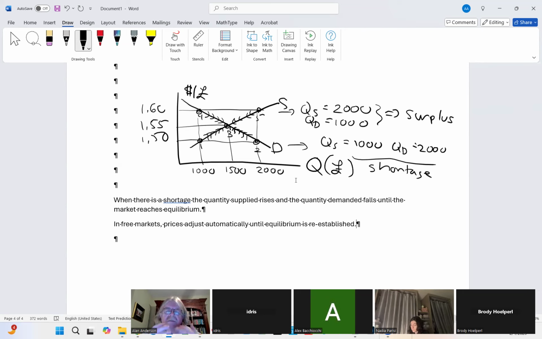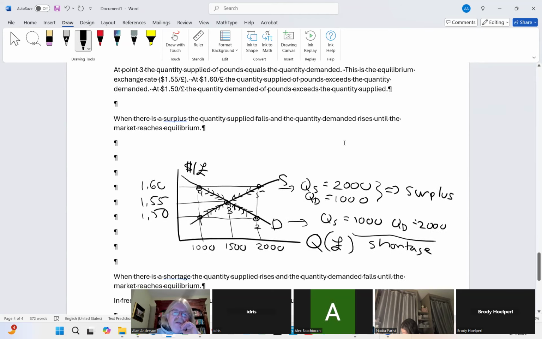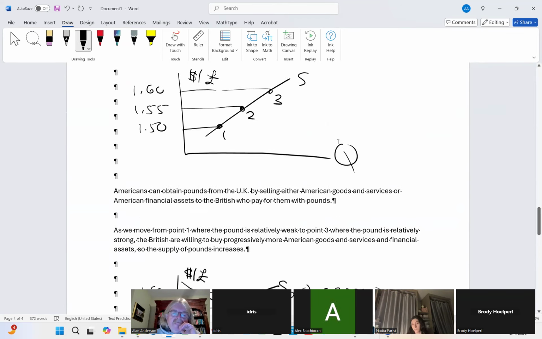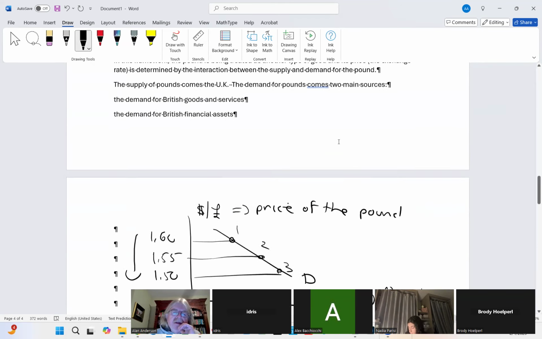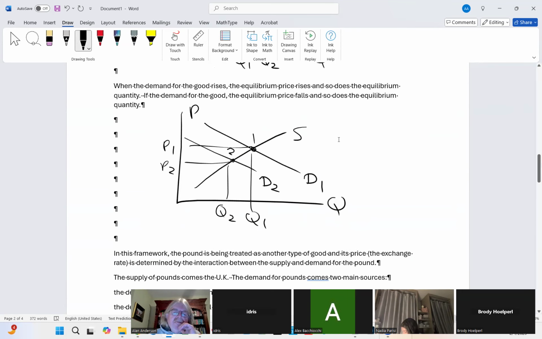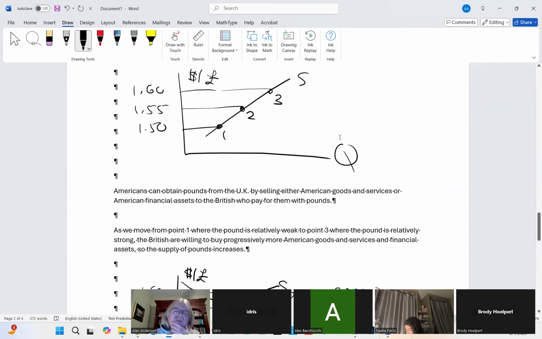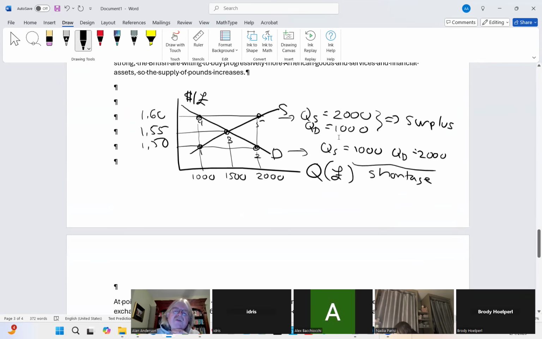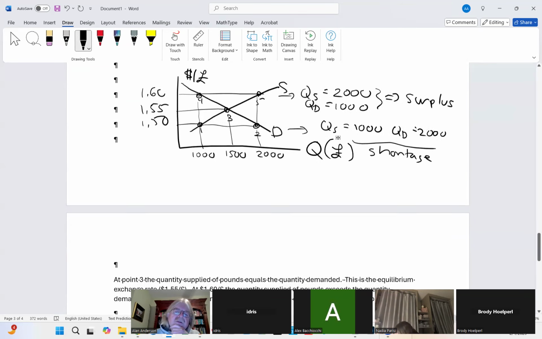Now, what's going to happen here to interrupt this is that so far we haven't really seen, at least not with the British pound, what would happen if supply or demand changes. So what we would like to do is consider what kinds of factors would actually cause the supply or demand curves to shift.